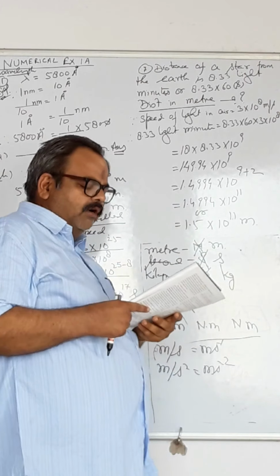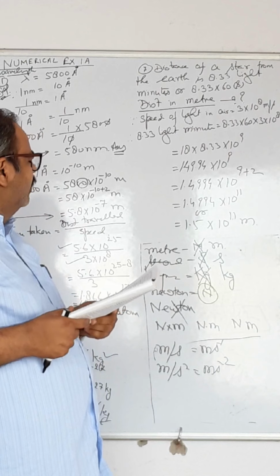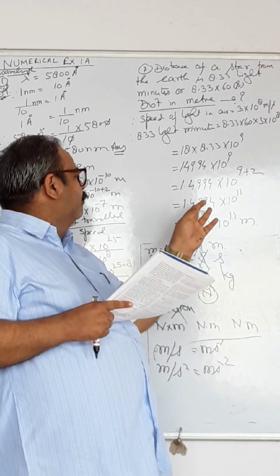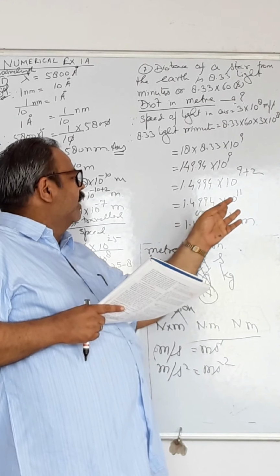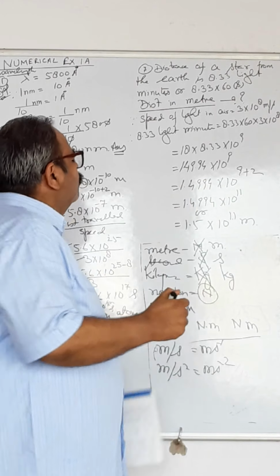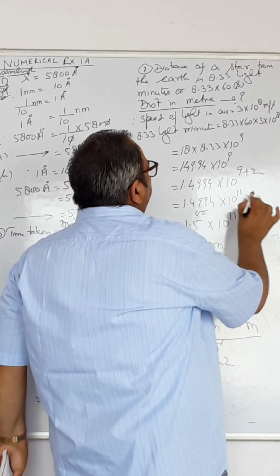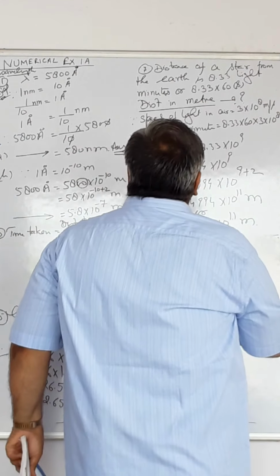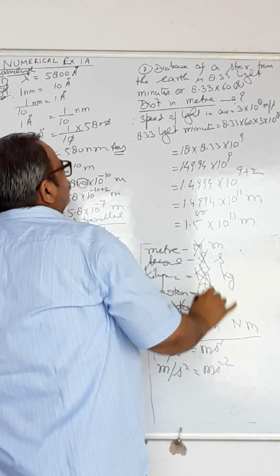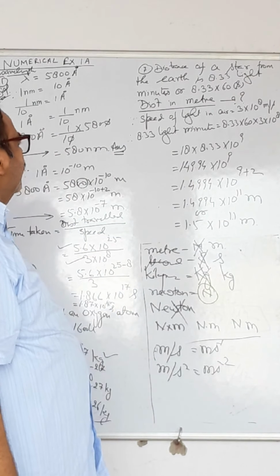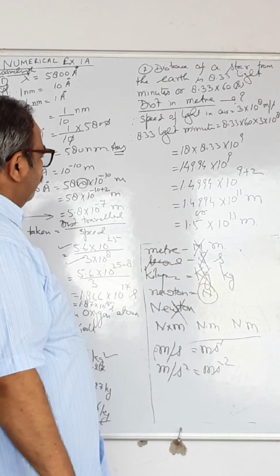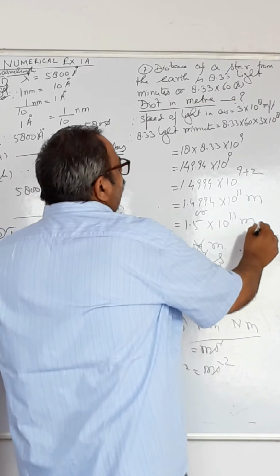This rounding off is not compulsory, but if they have done it in the book, you can also do it. 1.4994 × 10^11 meter can also be written. So in 8.33 light minute, this much of the distance is traveled. This is the answer.